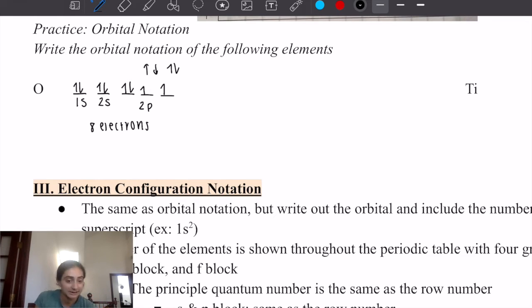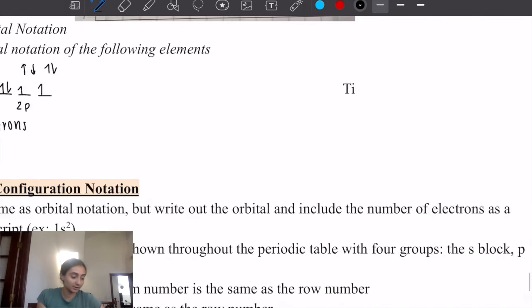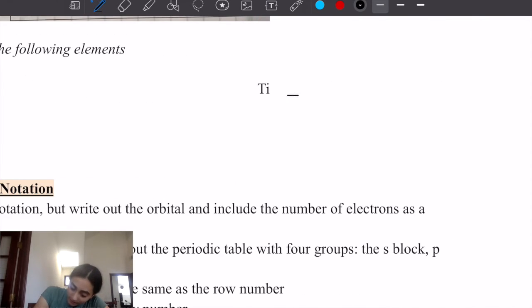Next, let's do titanium. So you're going to want to locate titanium on your periodic table, and we're just going to go about the same way. I'm going to start with the 1s orbital, and then do the 2s.